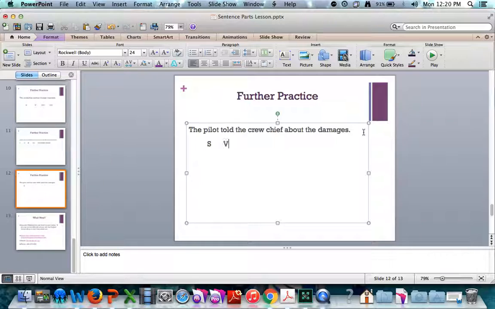It's told. Told who? Told what? Find our direct object. It is chief. About the damages, we would put parentheses around that because that is our prepositional phrase.